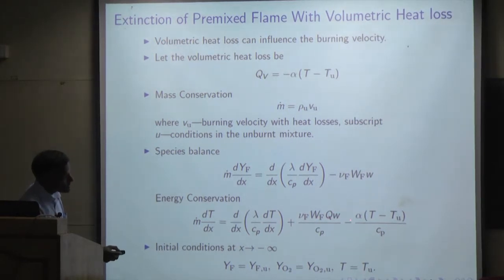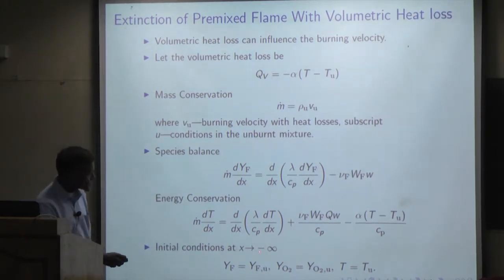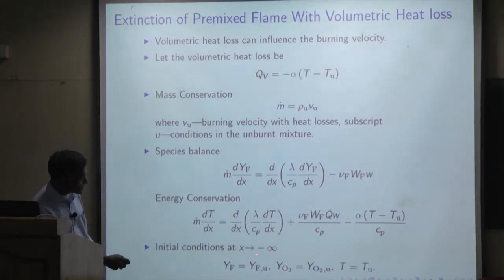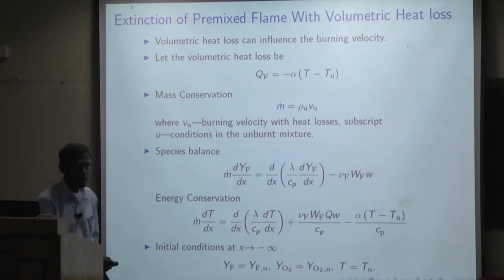Now we add the heat loss term to the energy conservation equation, right? So now the initial conditions are again as x tends to minus infinity, there's the initial concentration of the fuel, initial concentration of oxygen, and that's the initial temperature. So again, the difference is yesterday we looked at that equation and this equation, and now we're going to add this additional volumetric heat loss parameter.